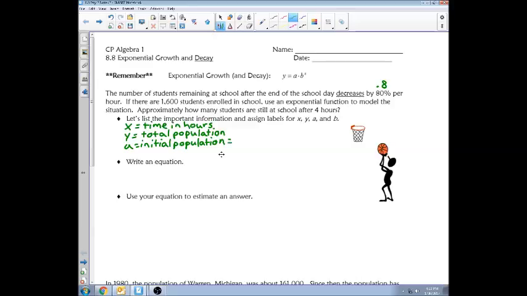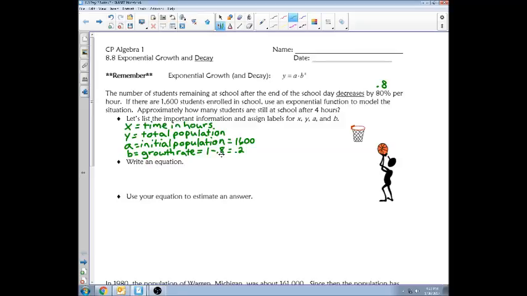The initial population in this example was 1,600 students. And B would be our growth rate. Well, since it is decay, I'm going to take 1 minus 0.8, which would give us a growth rate of 0.2 per hour.